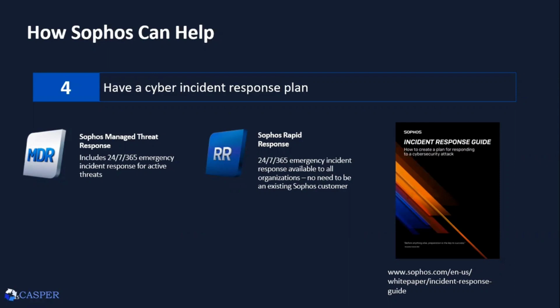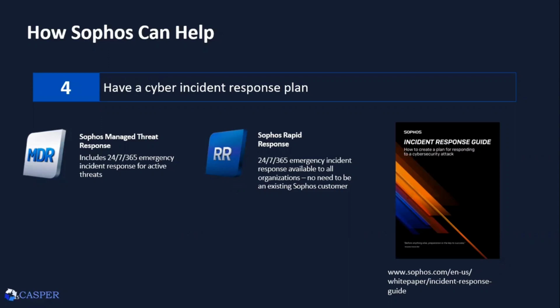So let's put it this way: the MDR is a proactive service. You put it in place, and they are there for you in case something comes in. While the RR is a reactive service, responding to an incident. You are not using Sophos, it's an incident, and you need Sophos to help you. So they are there 24/7 to come when there is an incident.